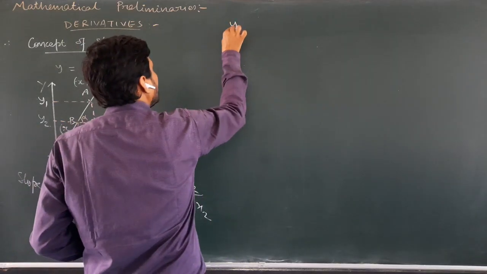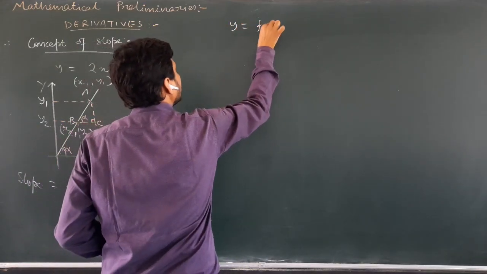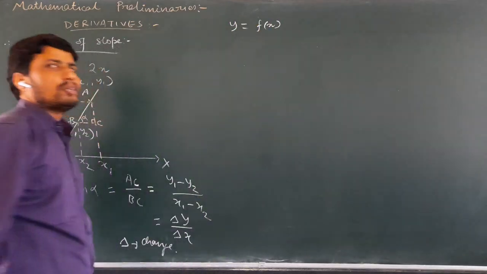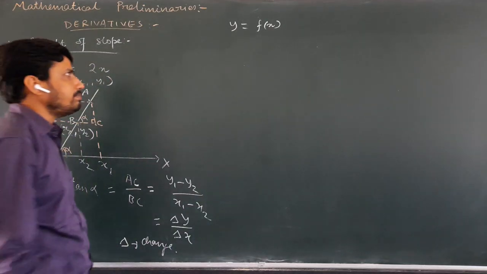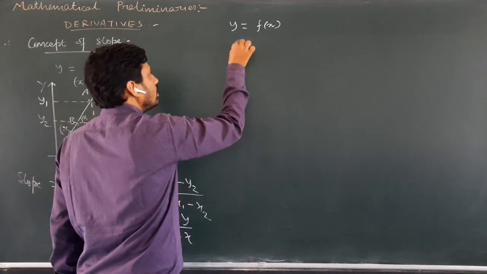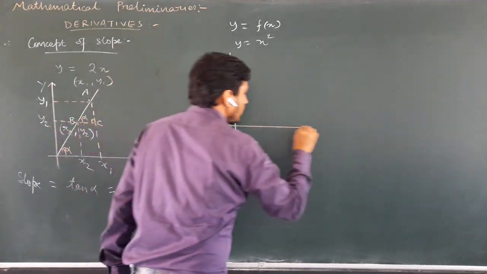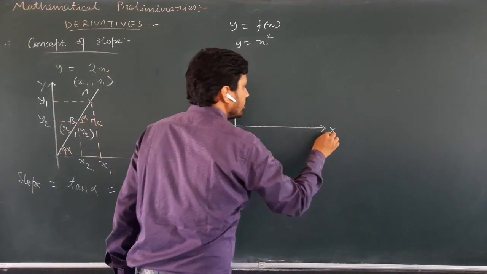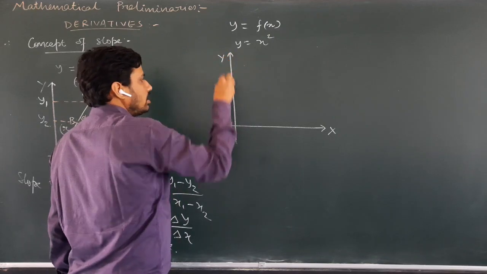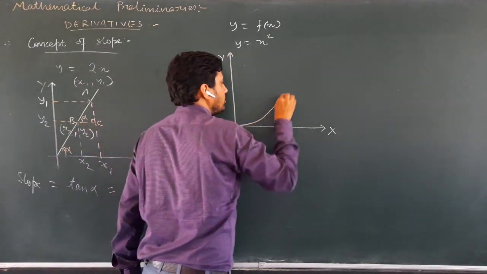Next, what would happen if the curve is not straight? So suppose we have some general function of x, y is equal to f(x). For example, y is equal to x square. Then its graph will not be a straight line. It will be curved like so.